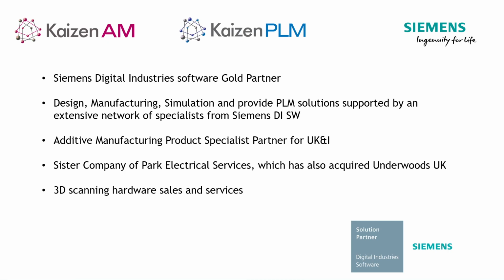As mentioned earlier, their sister company Park Electrical Services, which has also recently acquired Underwood's Electrical Distributors in the United Kingdom, has offices in Aberdeen, Belfast, Dublin, Glasgow, and Wrexham, while Underwood's has offices in many different locations within the UK. And finally, they're also into 3D scanning, sales, and services.